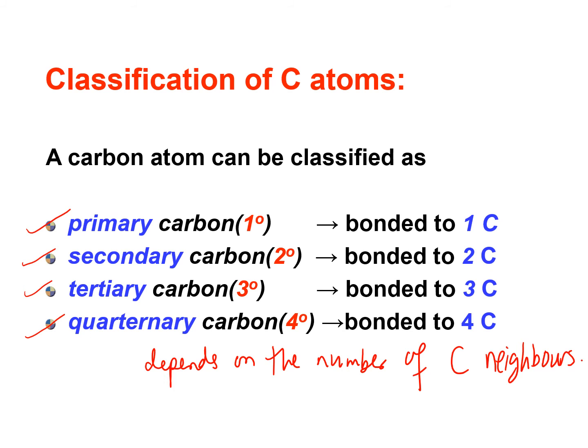So if it is bonded to one carbon, we call it primary carbon. Two carbons, secondary carbon. Bonded to 3 carbons, we call it tertiary carbon. Bonded to 4 carbons, or we have 4 carbon neighbors, we call it quaternary carbon.